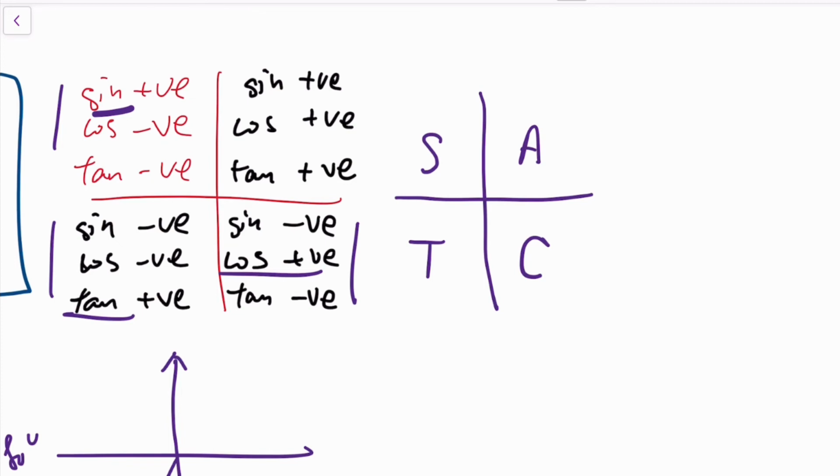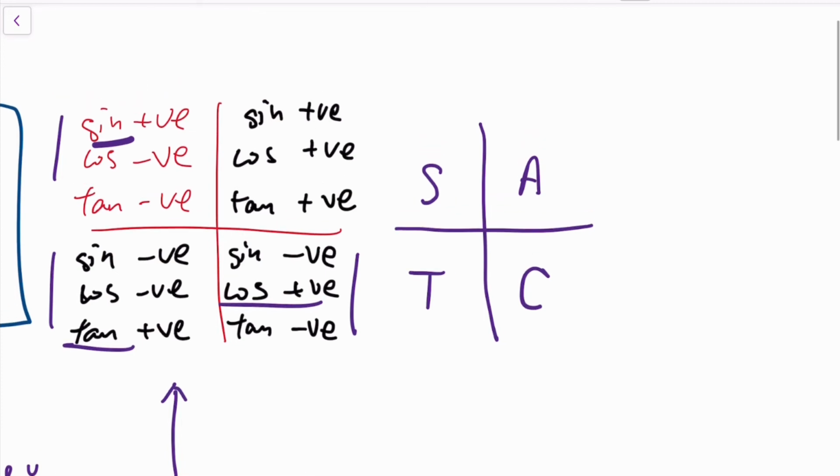Okay. And I don't know if you have heard of it before. This is known as the cast diagram. Obviously, it's nothing to do with an actual cast of anything. It's just to memorize this. It's not a very good way because it starts from the fourth quadrant, and then goes to the first one in this way.